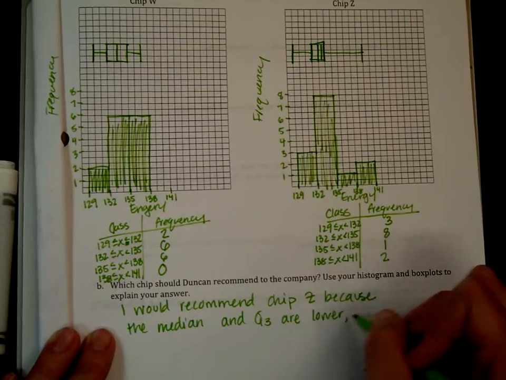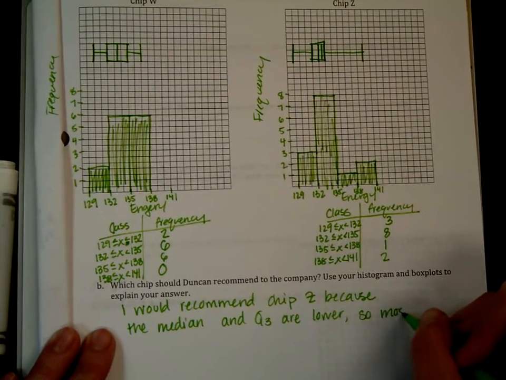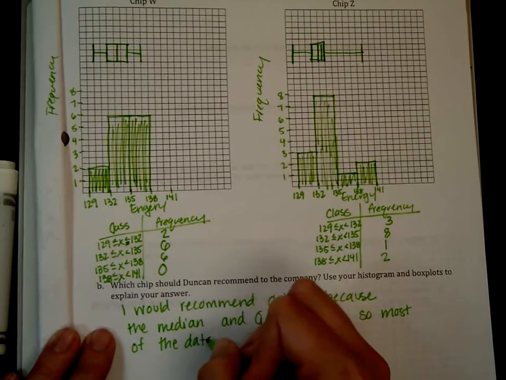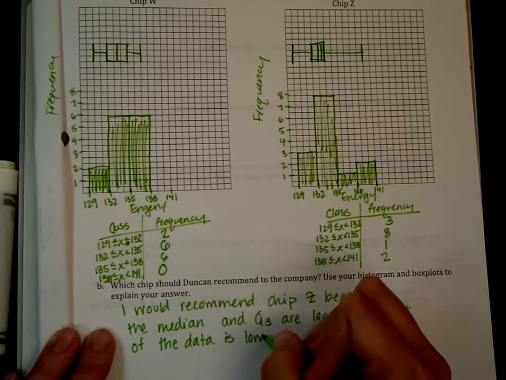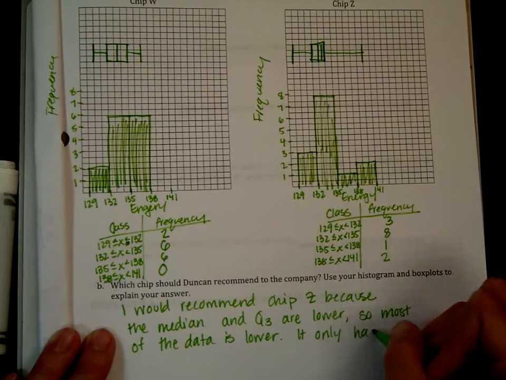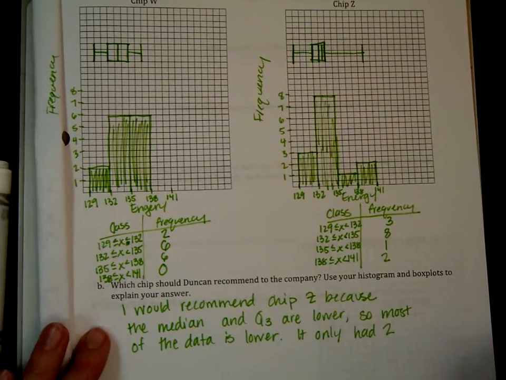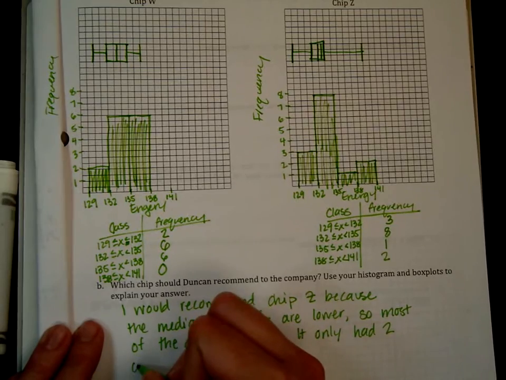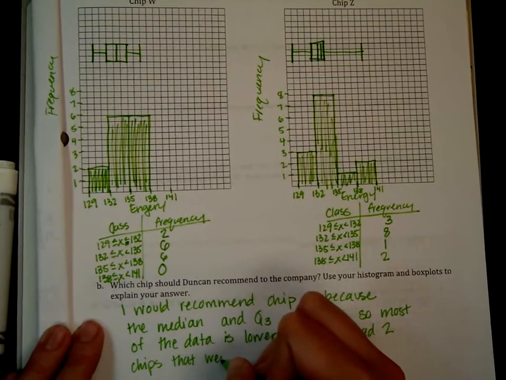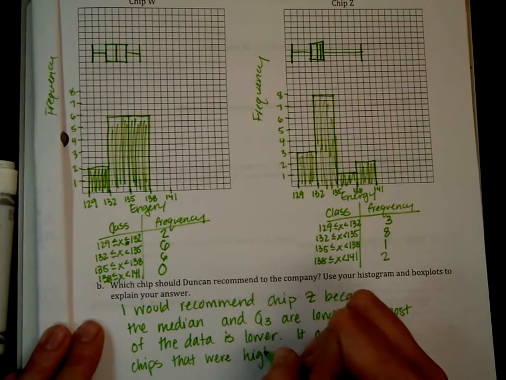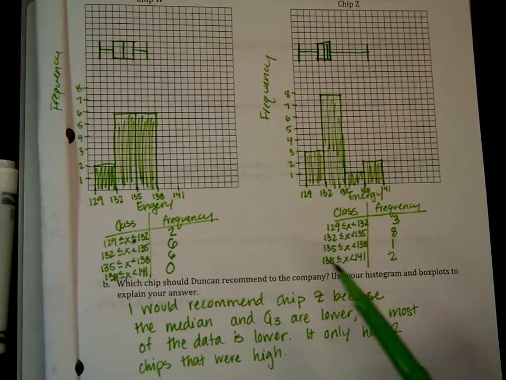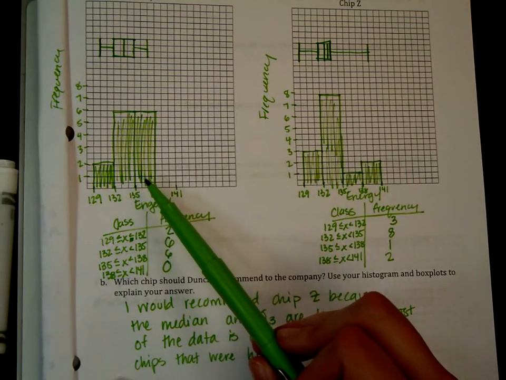So most of the data is lower. It only had 2 chips that were higher, or that were high. So I would recommend chip Z. You could also make an argument for chip W though, because these are more consistently low.